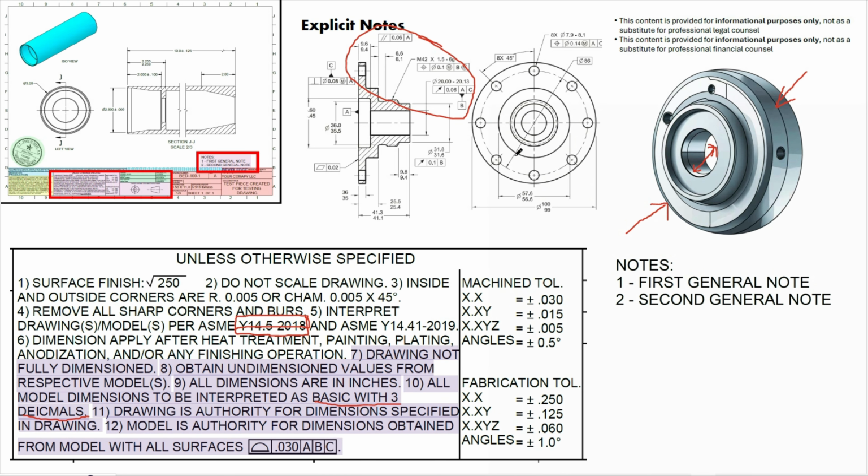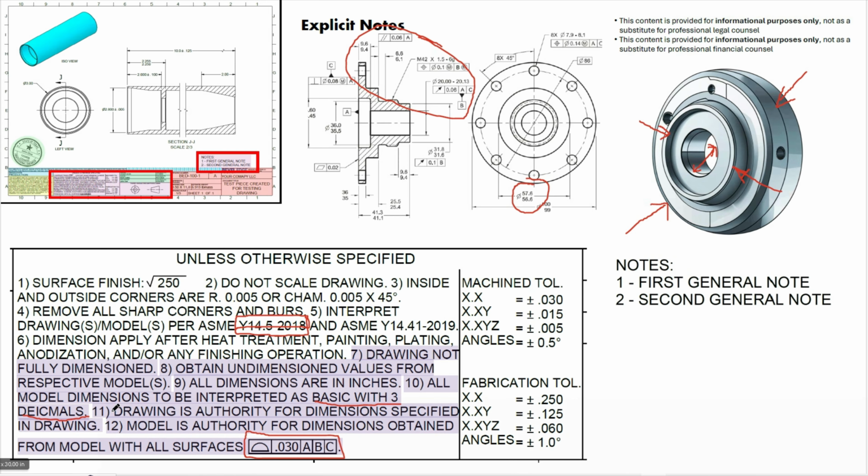So when they're looking at this, they're seeing this tolerance, and then if they look at the model, they find that same part and go and measure it, and now you've told them that the tolerance of that is based off of 3 decimal places. So you're giving them 2 different sets of tolerances for the same feature.